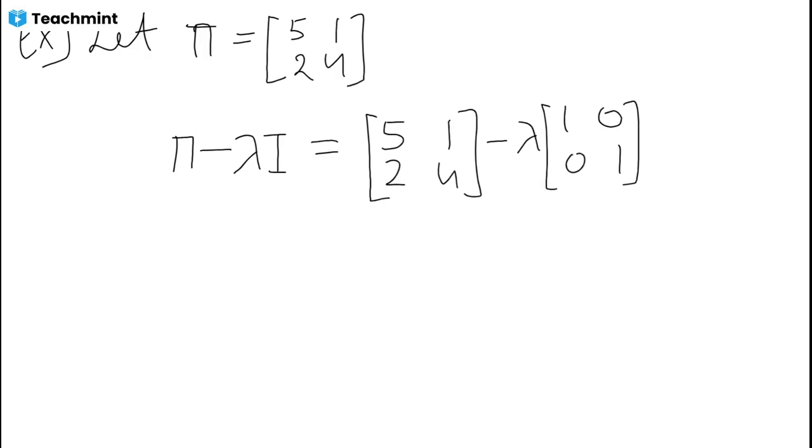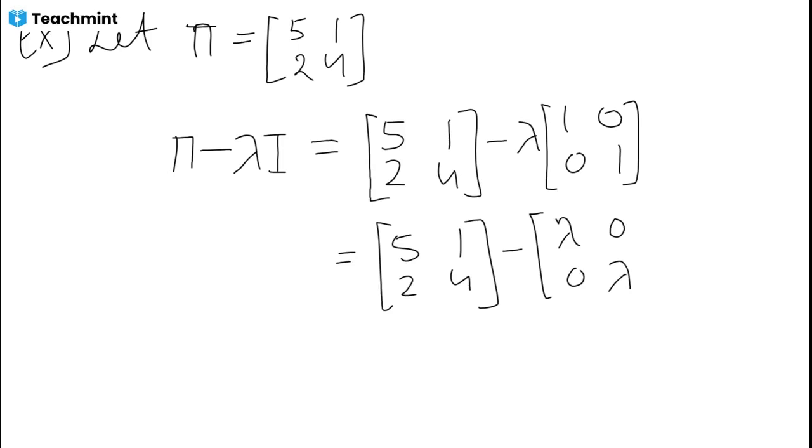So 5, 1, 2, 4, and multiplying, we get lambda, 0, 0 and lambda. Now subtract from the corresponding elements. So we have 5 minus lambda, 1, because 1 minus 0 is 1, and 2 minus 0 is 2, and 4 minus lambda.